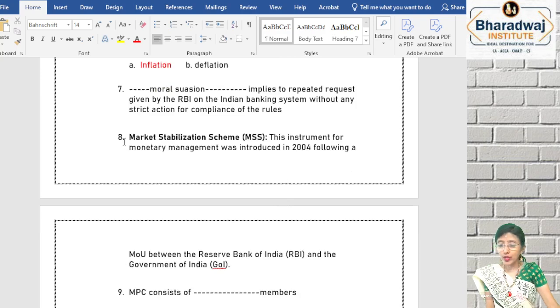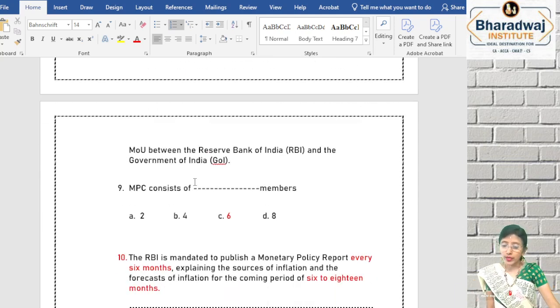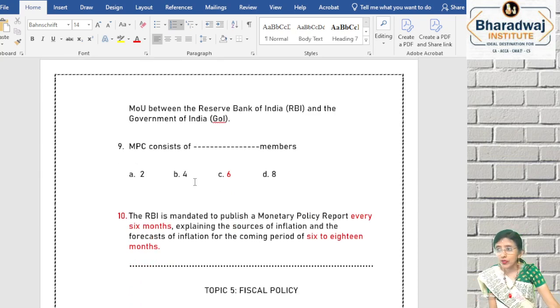And among the three new schemes, it is the market stabilization scheme. Look at the answer, MSS. It's asked in many papers because it's a memorandum of understanding which is signed by the RBI and the central government. You have the liquidity adjustment facility also. I'm not saying that it's not important, but it is also important. MPC consists of 6 members.